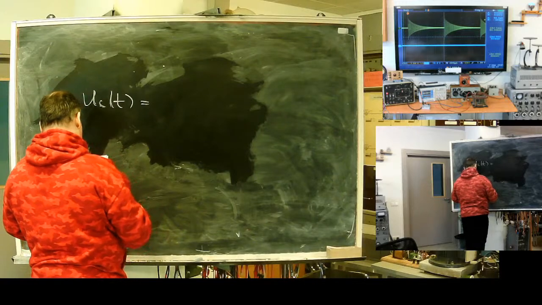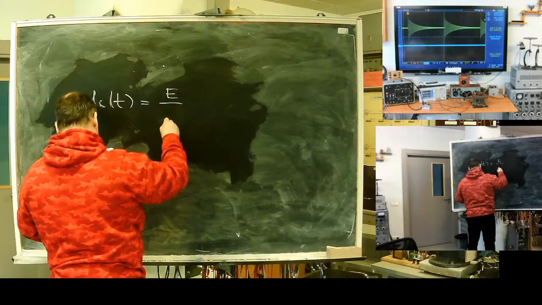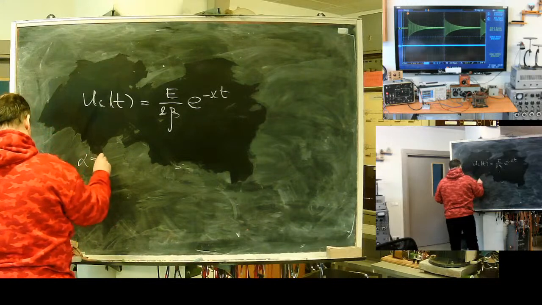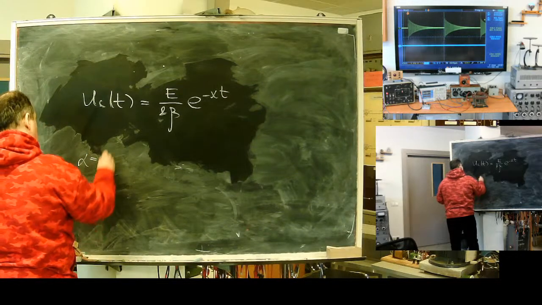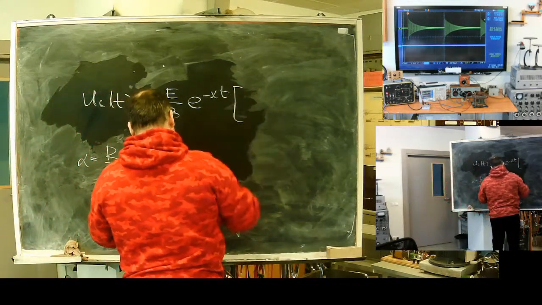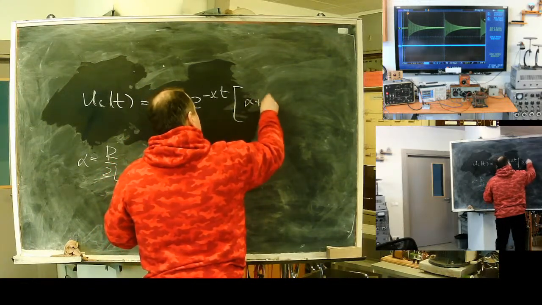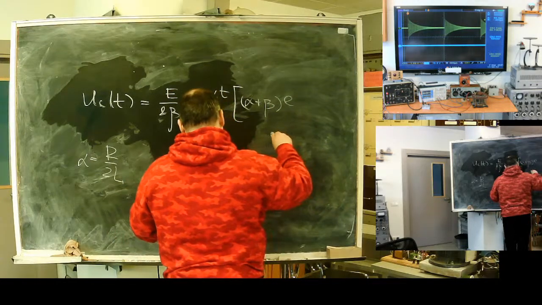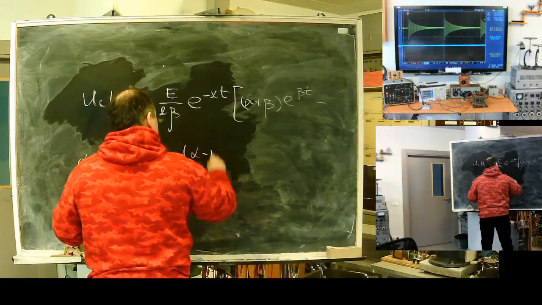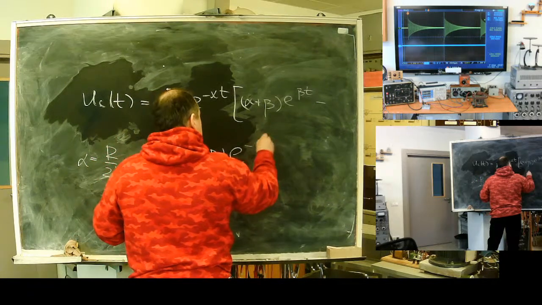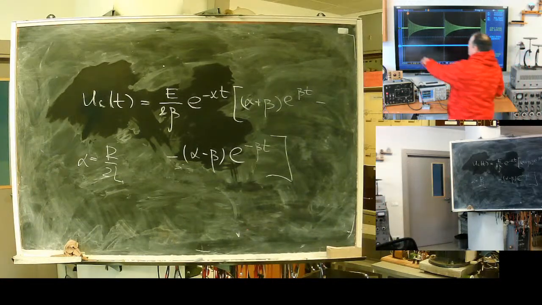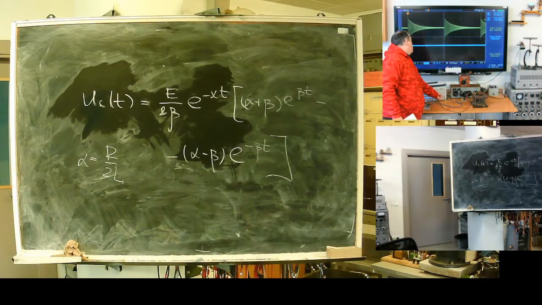Now it's E divided by double beta, A power alpha E. Alpha is a decrement, R divided by double L, multiplied by alpha plus beta A power beta minus alpha minus beta A power minus beta times. This equation is this nice yellow line.